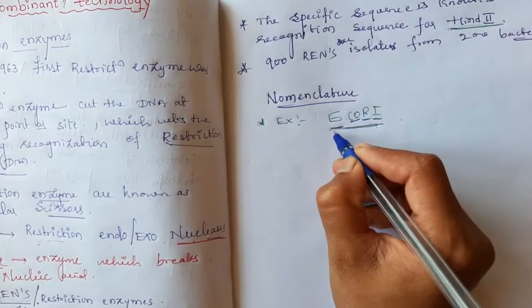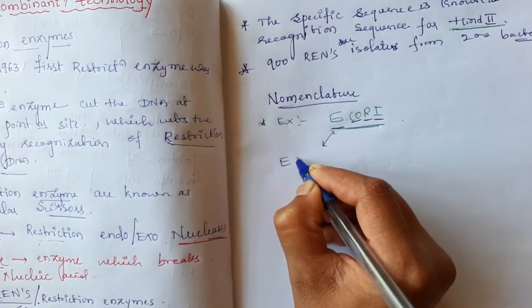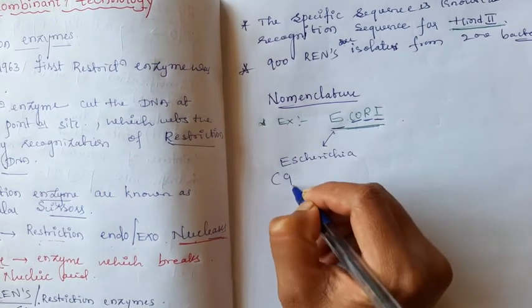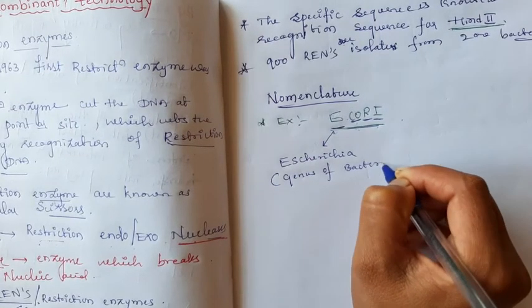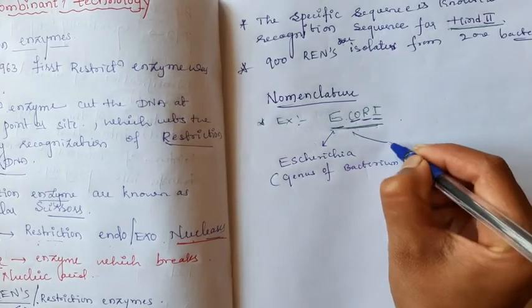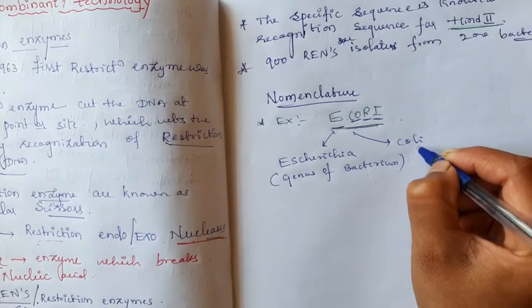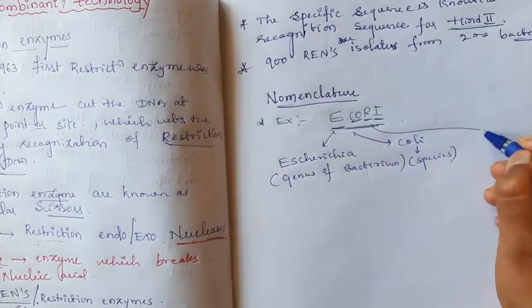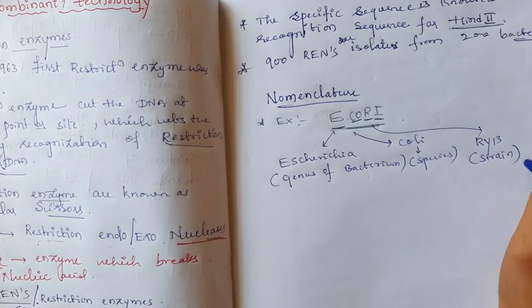Here I will write: E represents Escherichia, the genus of the bacterium. Co is coli, which represents the species. R represents RY13, which is a strain of the bacteria.